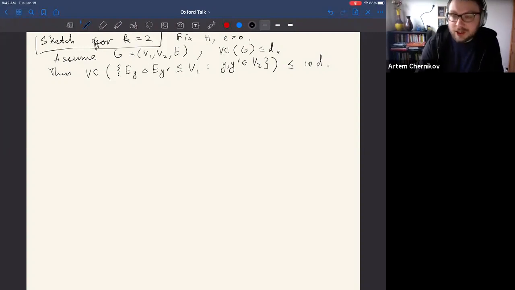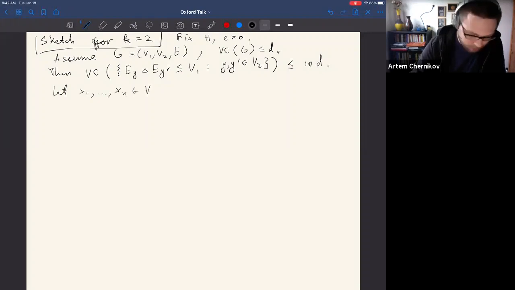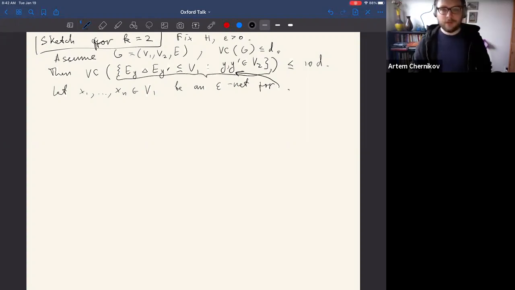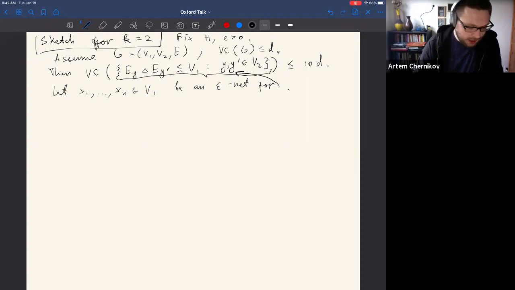Now we can apply the existence of epsilon nets to this family. So we can take x1 through xn in V1, and let this be an epsilon net for this family. So what does it mean?